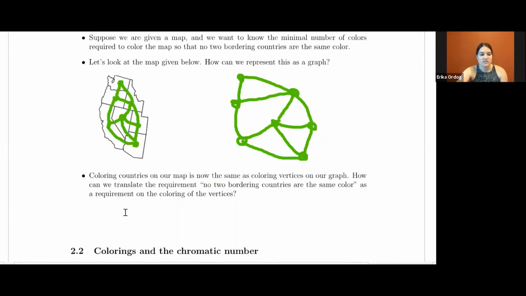Well, if states or countries are bordering each other on a map, that means there's an edge connecting those two vertices. And remember from yesterday, if two vertices are connected by a single edge, we say those vertices are adjacent. So this requirement is that no two adjacent vertices are the same color.